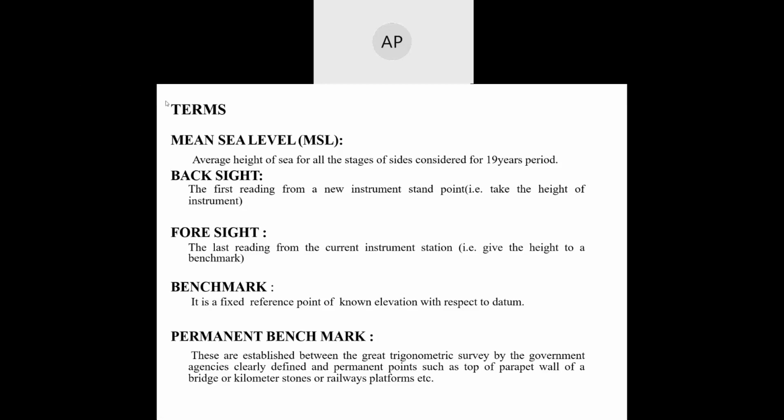So generally mean sea level is used as a datum to measure elevation and altitude.